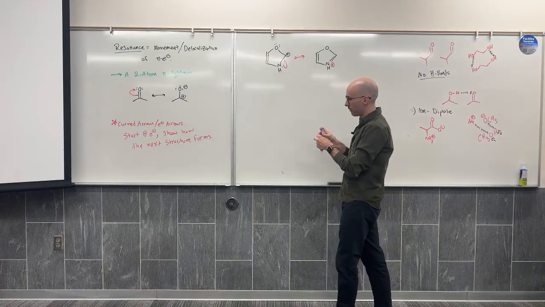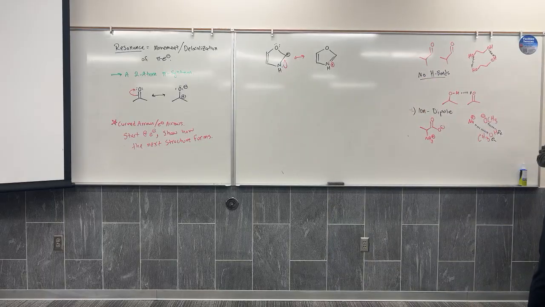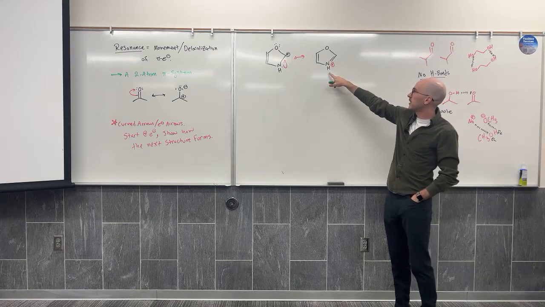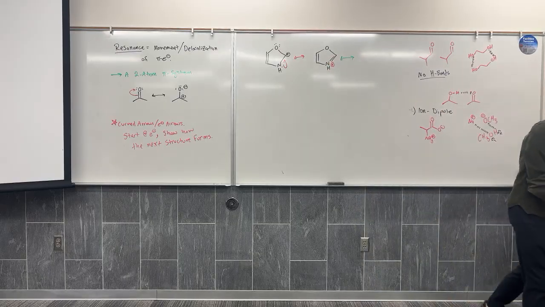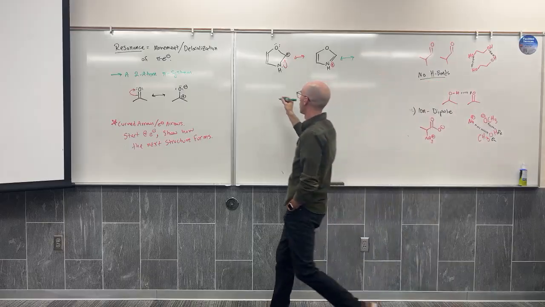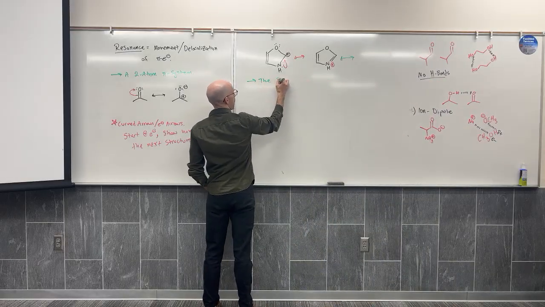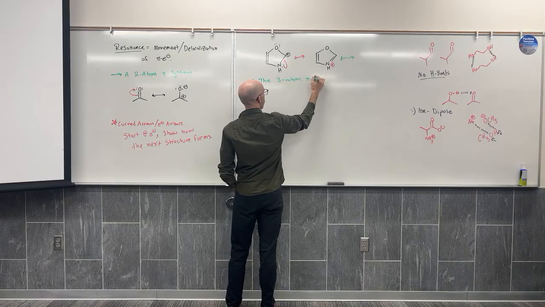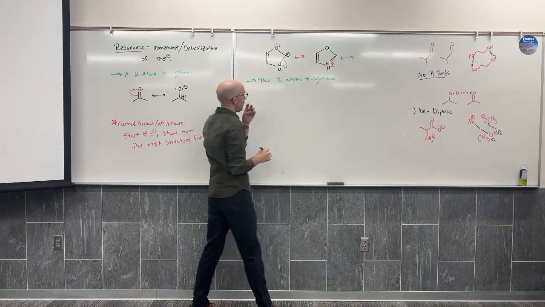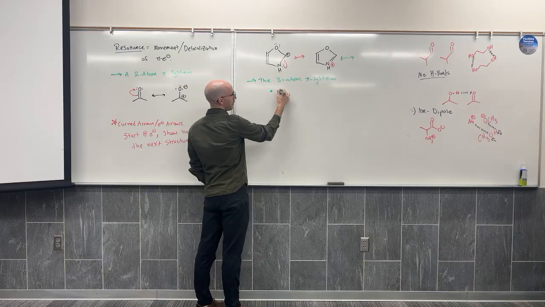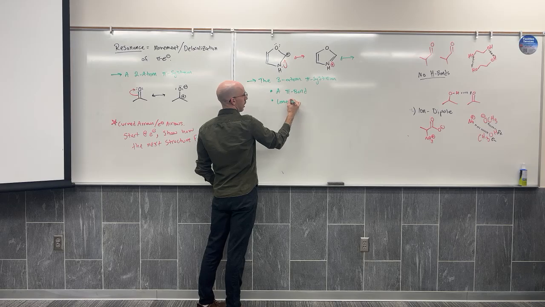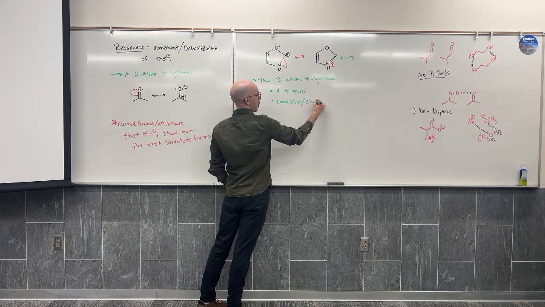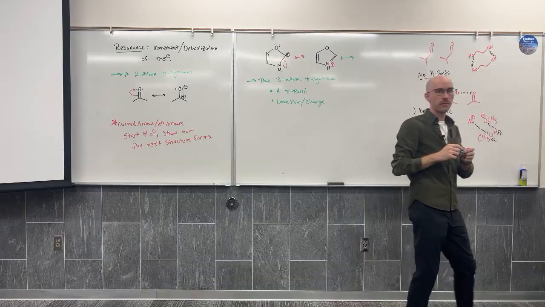Now, the three-atom system is a much more common example of resonance. And I'm going to actually show how there's another resonance form with this molecule. But it involves a 3-atom system. Typically, a 3-atom pi system has 1 pi bond and a lone pair or a charge, sometimes both.